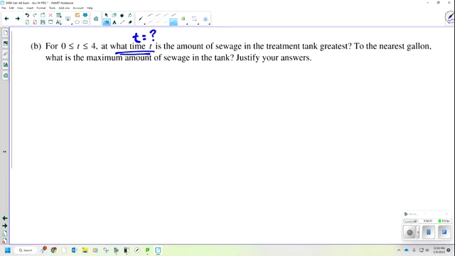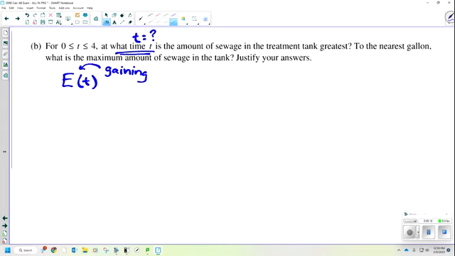All right. What I'm going to do is graph E of t. That's where sewage is entering, so I'm gaining more raw sewage at this rate.